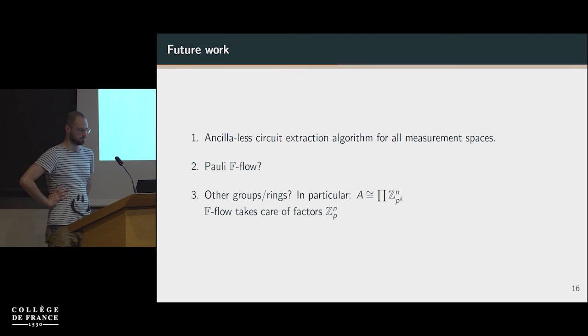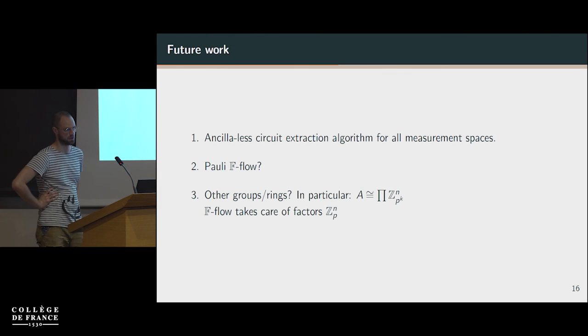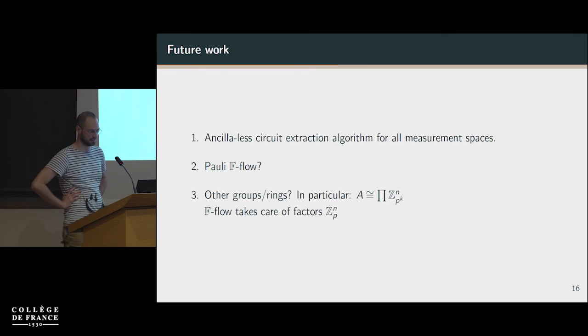And then I think one last fairly major open question which remains is that what I've presented today only works in prime dimensions. It's fairly easy to generalize to the case where the underlying group is in fact a field, and that's where the name F-flow comes from.